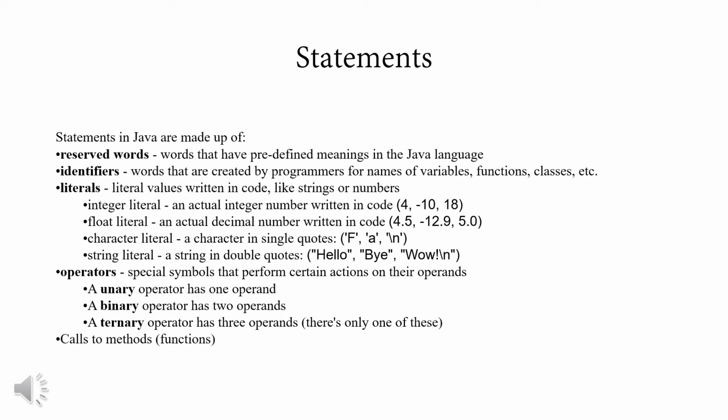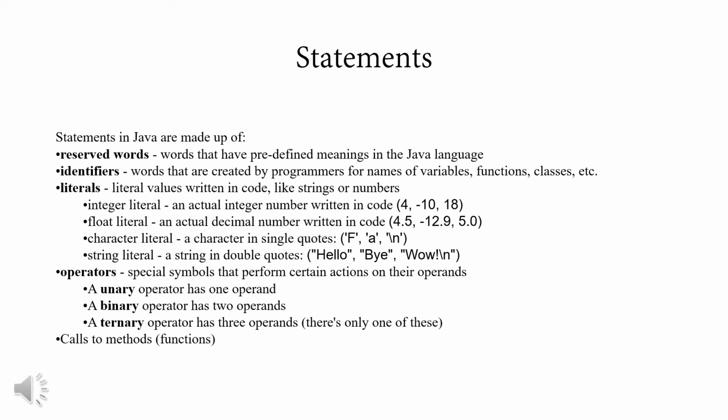Float literal like 4.5, -12.9, 5.0. Character literal like F, A. String literal like hello, bye. So they are in double quotation, right?